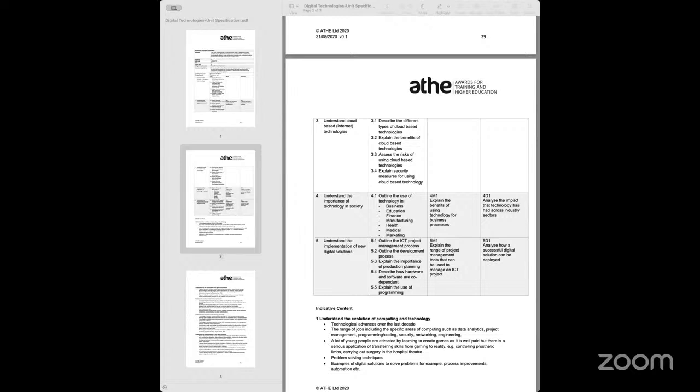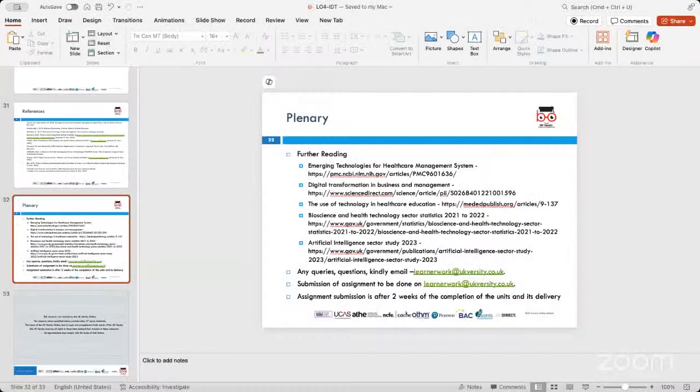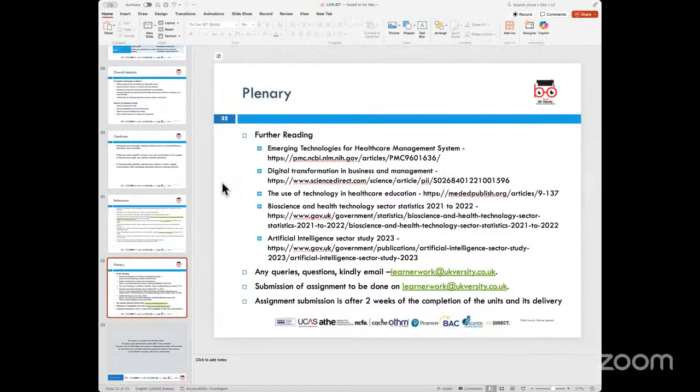Just briefly before we start the session, I want to draw your attention to these areas that I have pointed out and how they have been put onto the presentation. When you see the presentation, you'll see the last slide, which is always further reading or plenary.